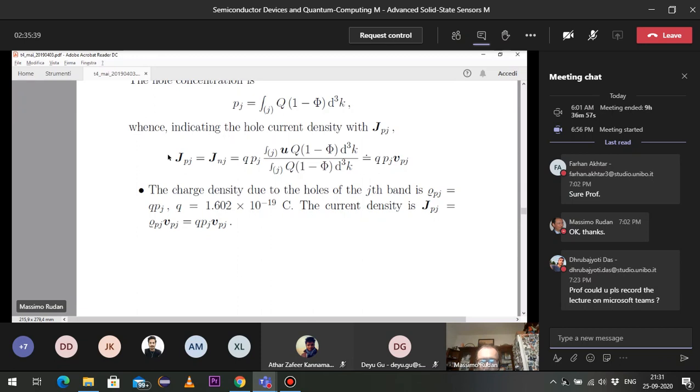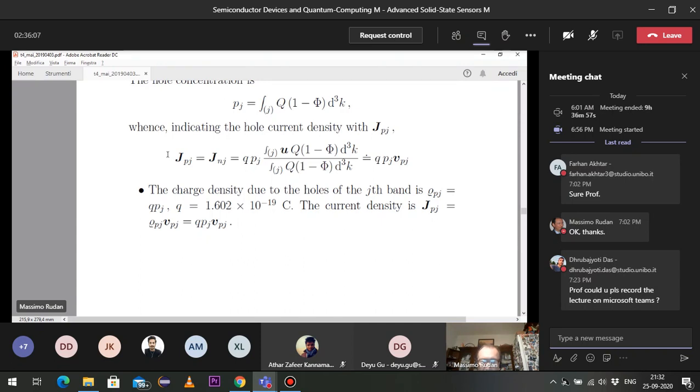Okay, you see that it's a pure mathematical manipulation. For each band of the semiconductor, in principle, we could decide to use either the electrons for describing concentration and current density, or the holes for describing concentration and current density of the bands, okay?